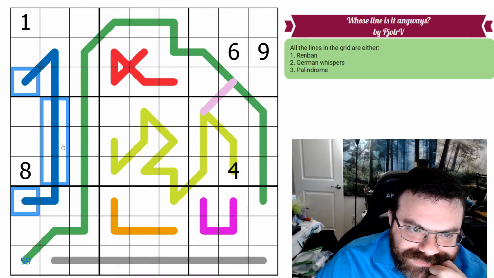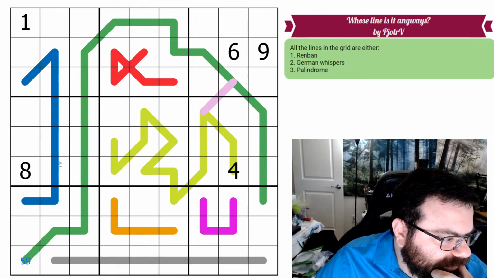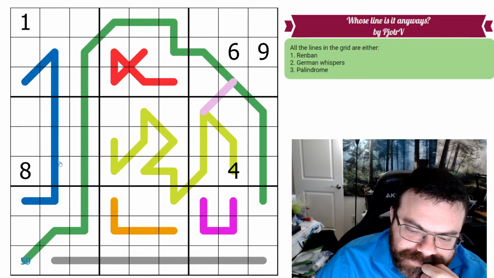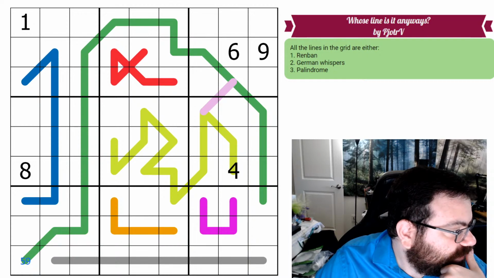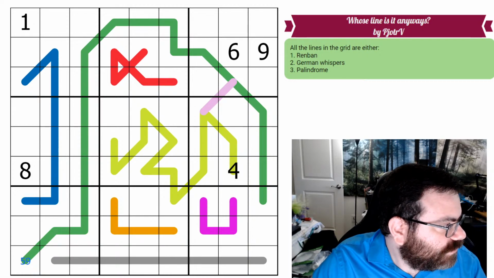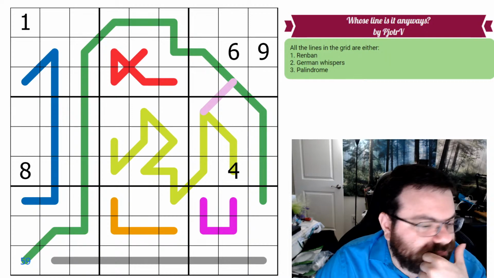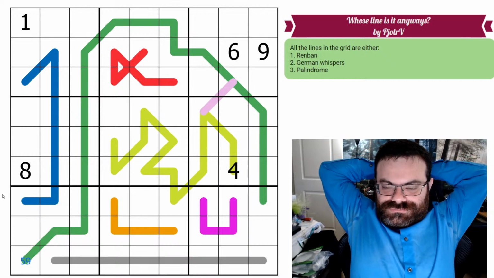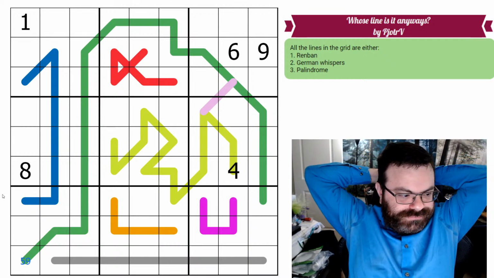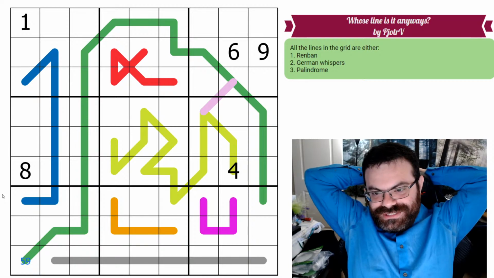It doesn't seem like enough, but... There's some kind of break in here that's... Pink can be all 3, yeah.